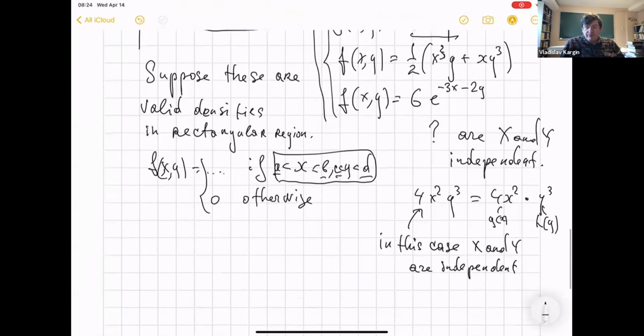And so what about the next one? The next one says that the density is 1/2 x cubed y plus x y cubed. So this is f of xy in this case. You look at this and say, well, it looks like it is not possible to write it down as a product. Well, in principle, you need to prove it somehow, and let me skip the proof.